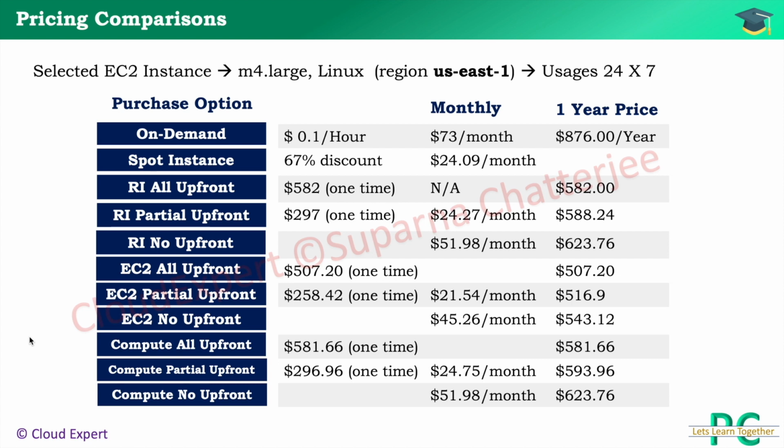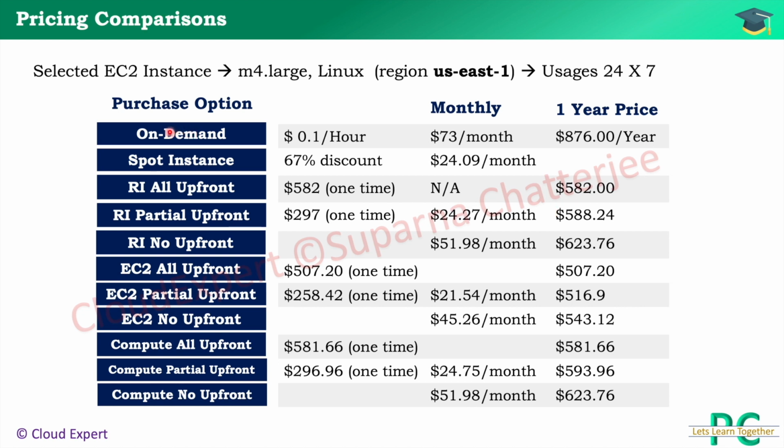If I go with reserved instance all upfront, there is a one-time payment of $582. I'll not pay anything monthly. If I go for reserved instance partial upfront, I'll pay one time $297 and then $24.27 per month. At the end of the year, I'll pay $588.